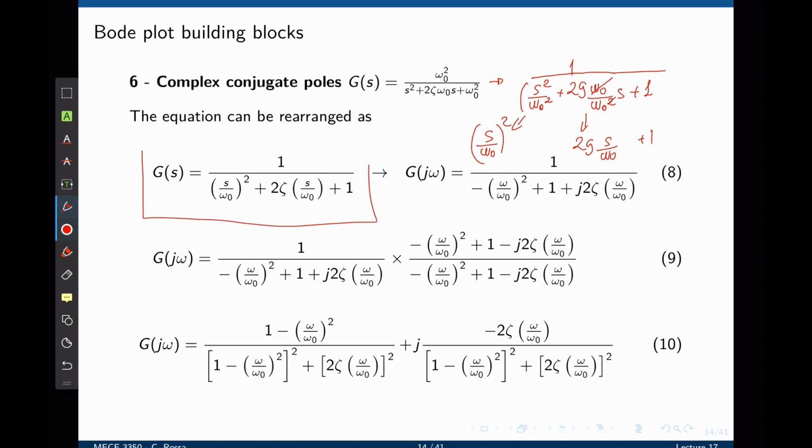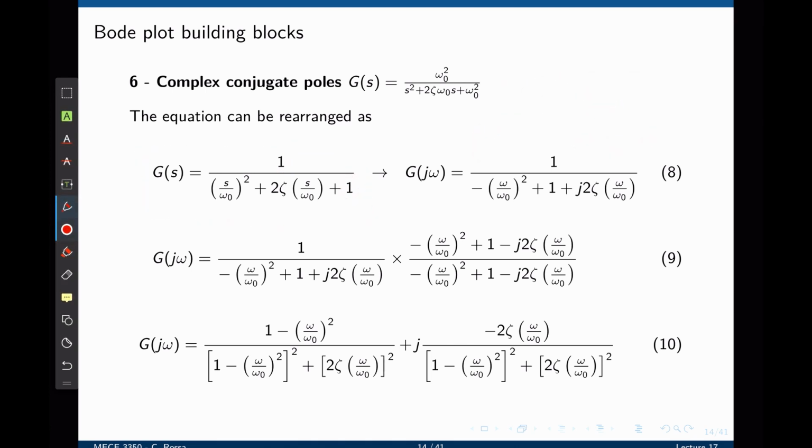Here we now have the standard form of a second-order transfer function for Bode plot. We have 1 on the numerator and 1 in the denominator here, so the DC gain of this transfer function is 1. The next step is to find the real and imaginary part of this transfer function.